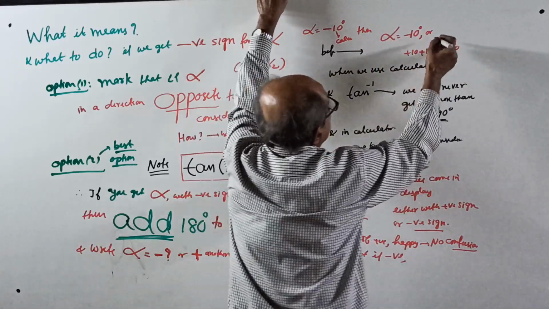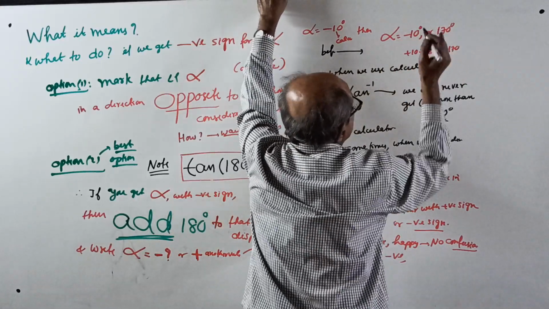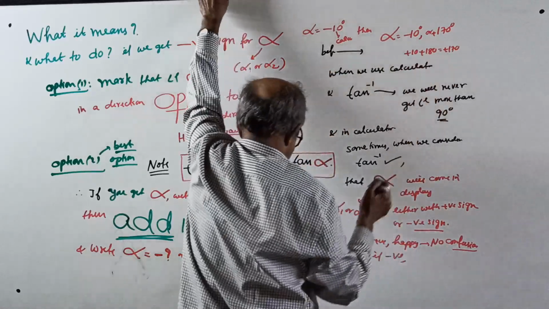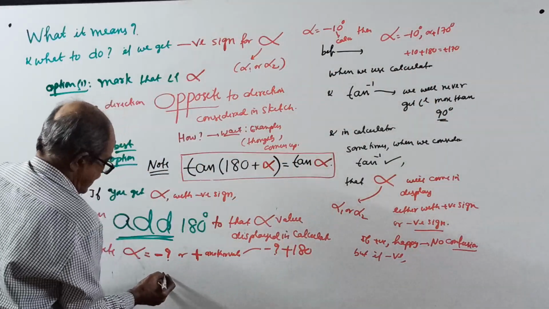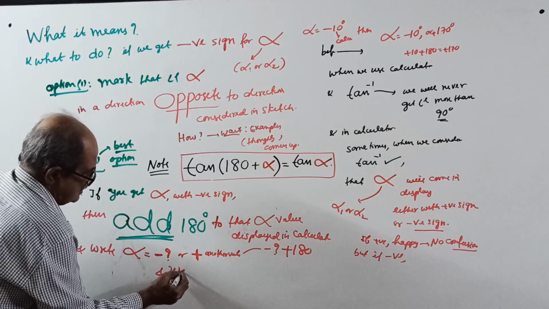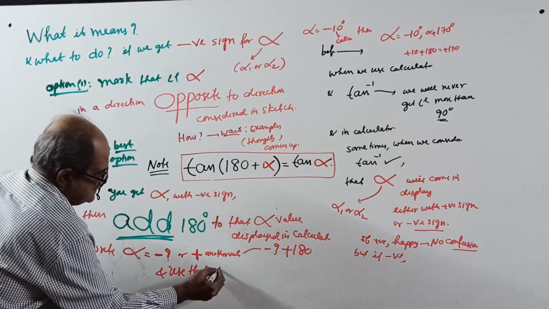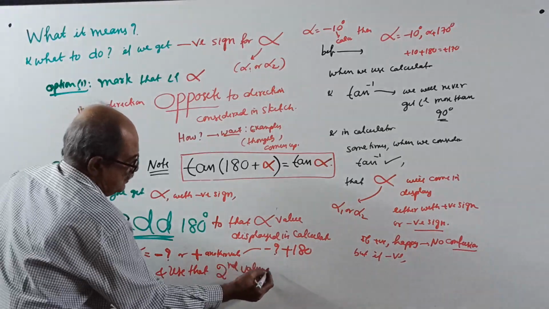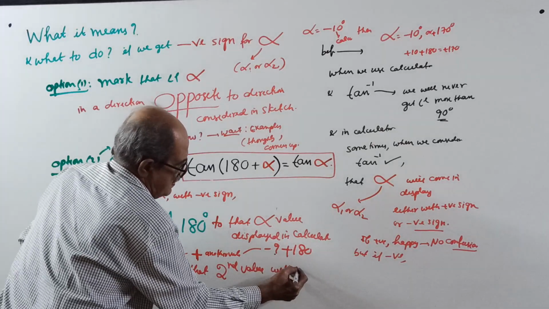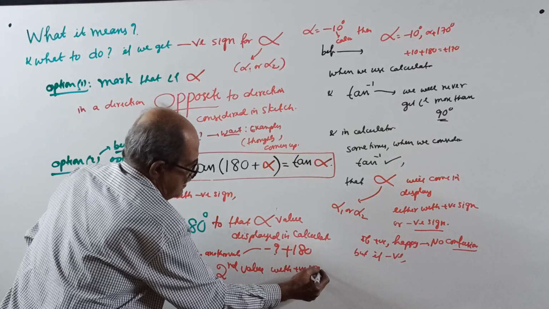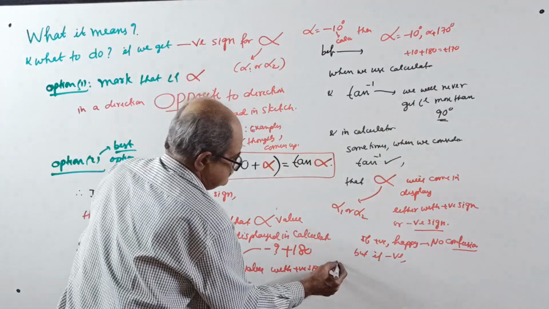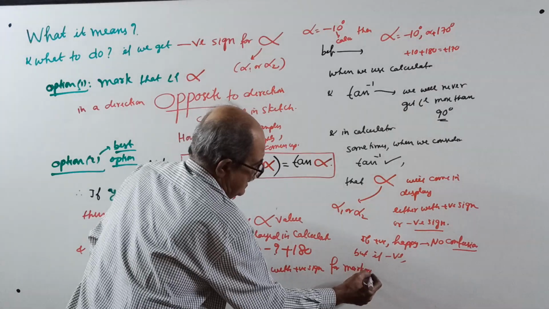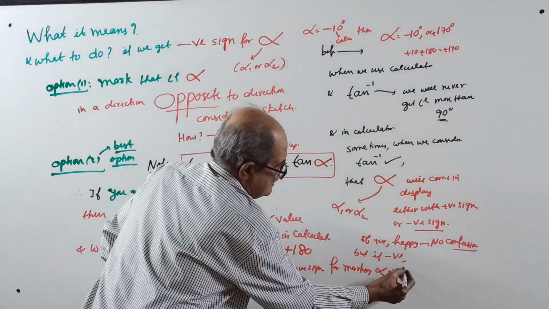Plus, it is plus actually, plus 170. And use that second value with the positive sign for marking angle, for marking alpha in sketch.